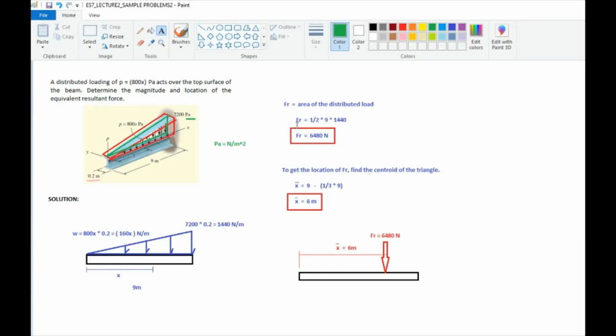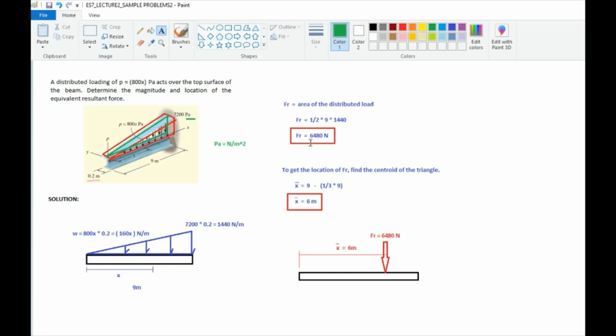Okay? So, ayan. FR is equal to, ano ba yung area ng triangle? Diba? That's just 1/2 times base times height. So, meron tayong 1/2 times base na 9 times height na 1,440. We get a value of FR na 6,480 newtons.